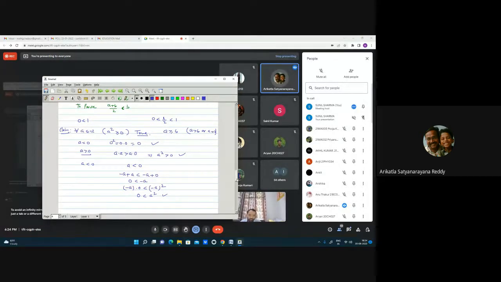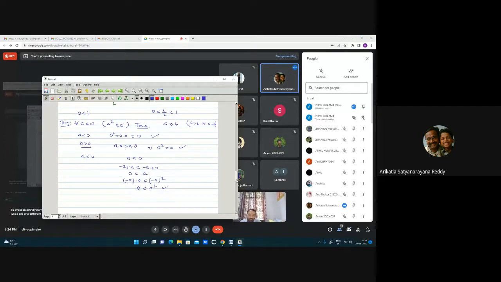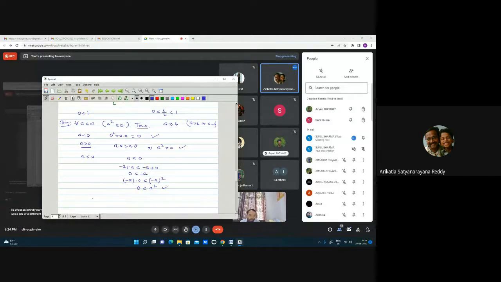So now how do you prove that 0 is less than 1? 1 is the multiplicative identity. Can somebody say what is 1 square? 1, sir. अभी आपका प्रूफ आ गया 0 लेस देन 1? Yes, Ayush.